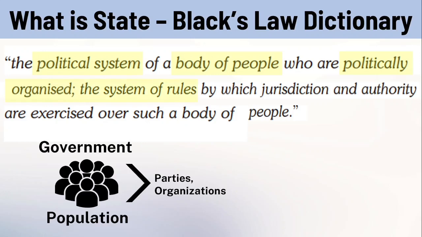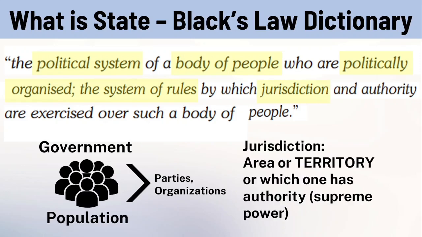The system of rules by which jurisdiction is exercised. Jurisdiction is the area or territory over which one has authority or supreme power. Another word for authority and supreme power is sovereignty. So you can say jurisdiction is an area or territory over which one has sovereignty. So the system of rules, which means the government, has jurisdiction and sovereignty, which is exercised over the body of people.